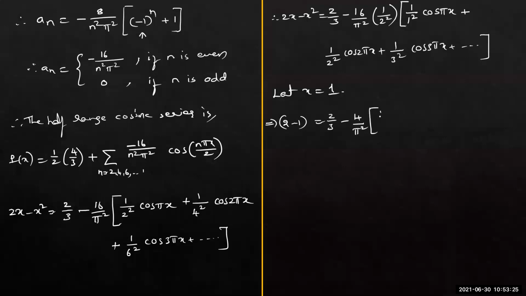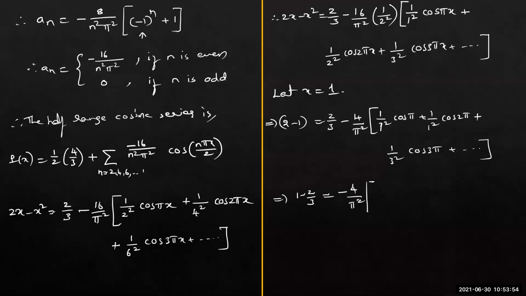What terms are we getting here? 1 by 1 square into cos pi, then plus 1 by 2 square into cos 2 pi, plus 1 by 3 square into cos 3 pi, and so on. I'm also sending 2 by 3 to the other side, so it becomes 1 minus 2 by 3 equals minus 4 by pi square into, if you substitute all the values, see how much you'll get.